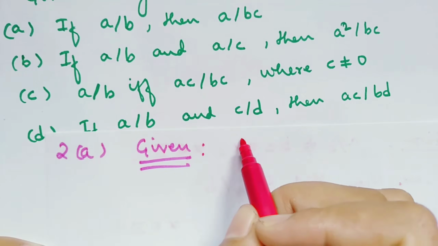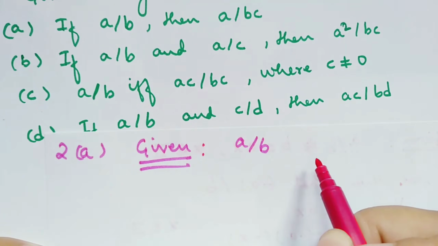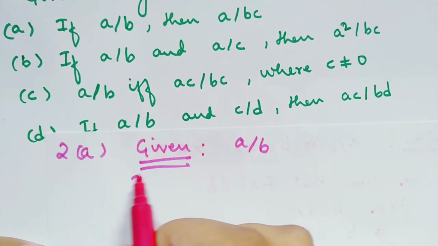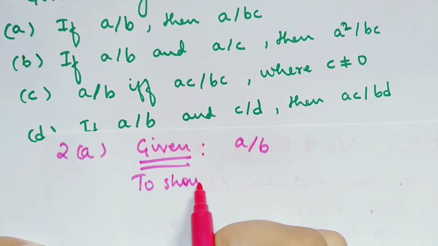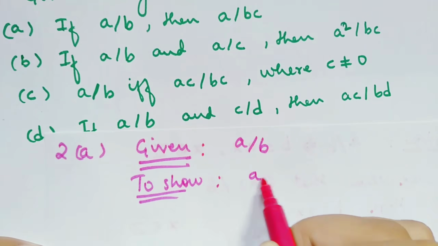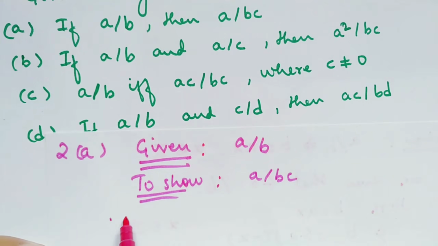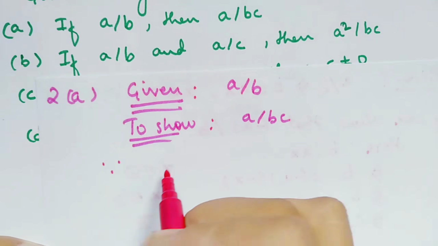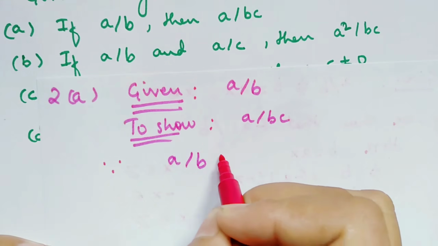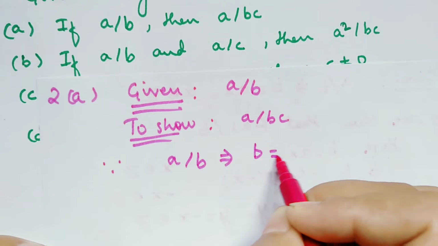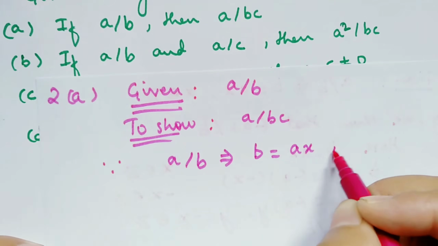It's given that A divides B, and we have to show that A divides BC. Since we have A divides B, it implies B is equal to A into some integer X.